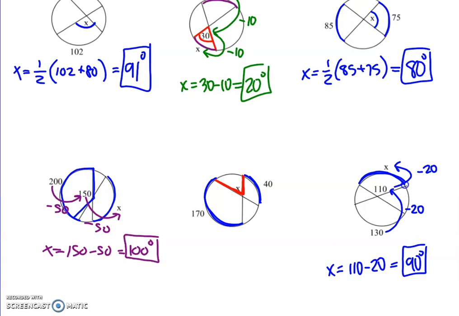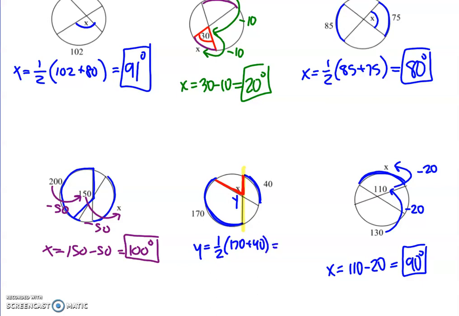You'd have to find a different variable, call this one y, and then recognize that x and y add up to 180. So to find y, I would use the formula from up above. Y equals 1/2, 170 plus 40.